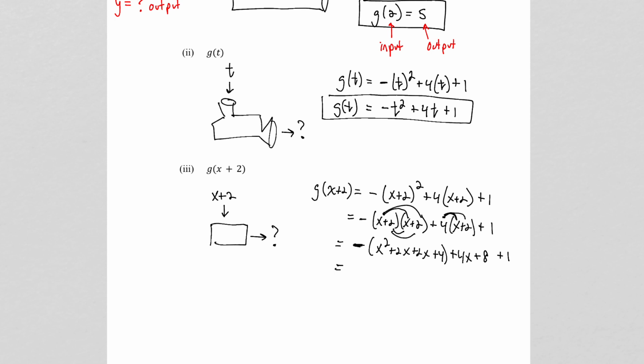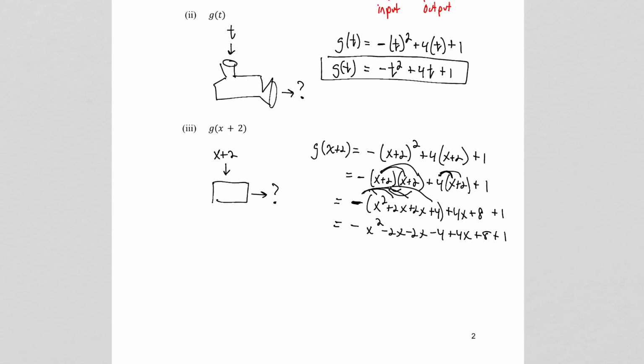Now I'm going to take that negative sign and distribute it throughout. That's negative x squared minus 2x minus 4 plus 4x plus 8 plus 1. Now I can combine like terms. I only have one quadratic term, that's a term that has a variable squared.